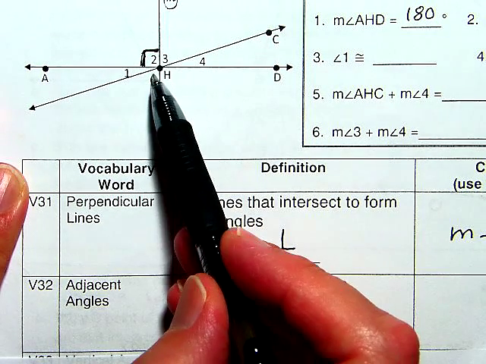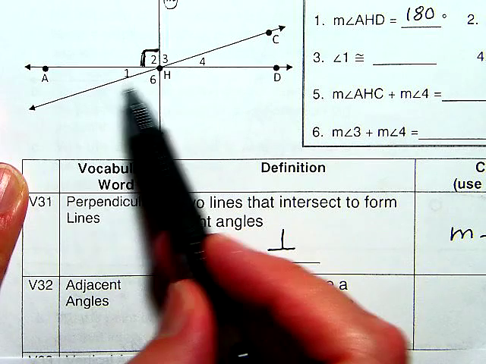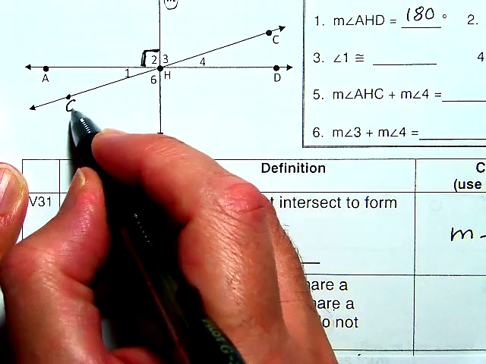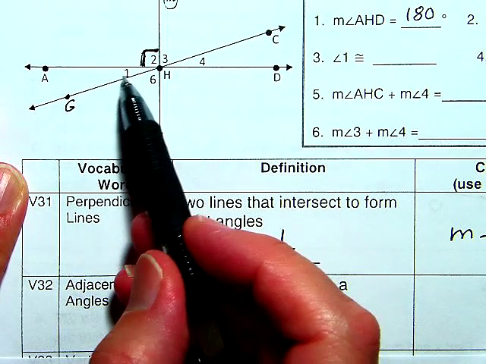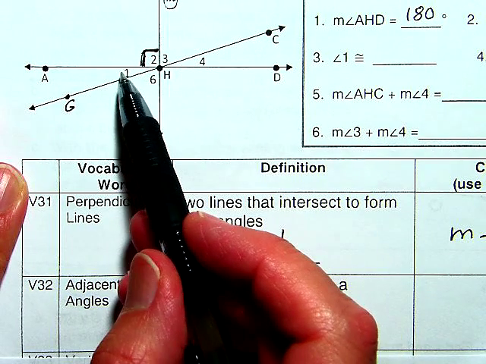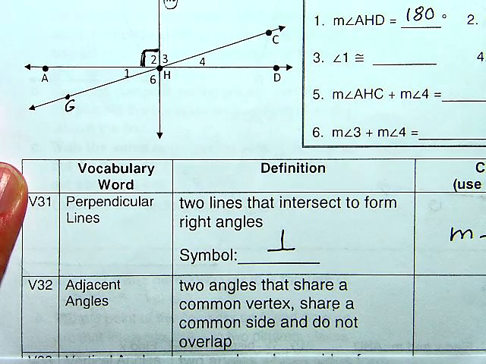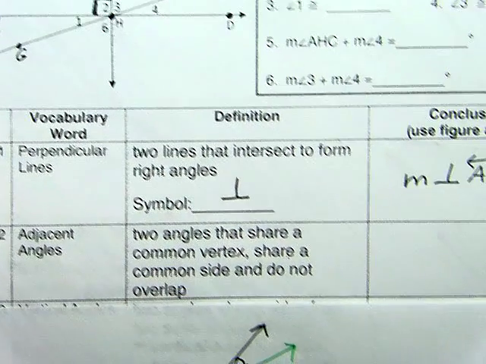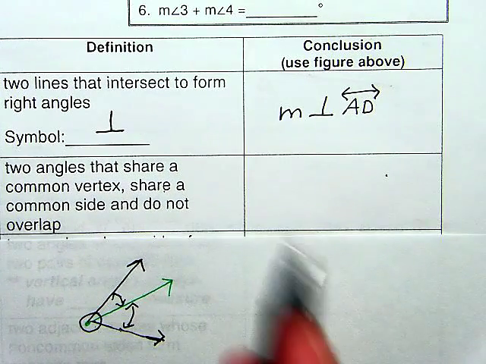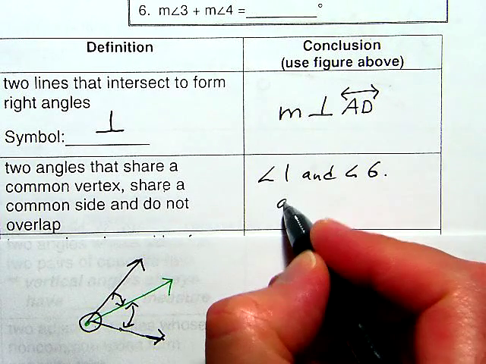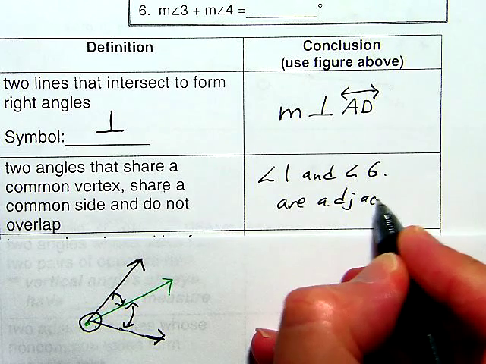They both share this ray here coming from H. We don't have a letter here, so let's call it G. So we can say that angle 1 and angle 6 both share ray HG as a common side. They have a common vertex. They have a common side. Do angles 1 and 6 overlap? No, they do not. So therefore, we can say angle 1 and angle 6 are adjacent angles.